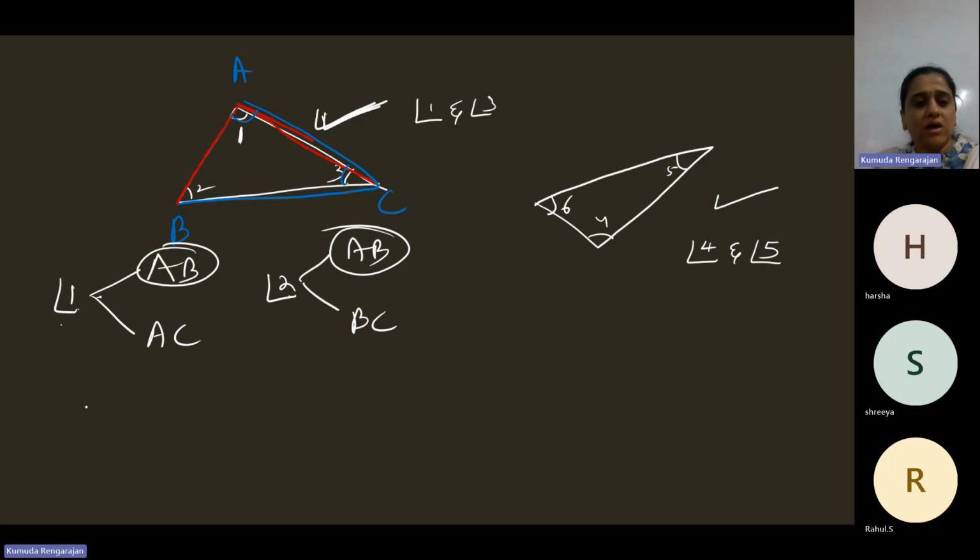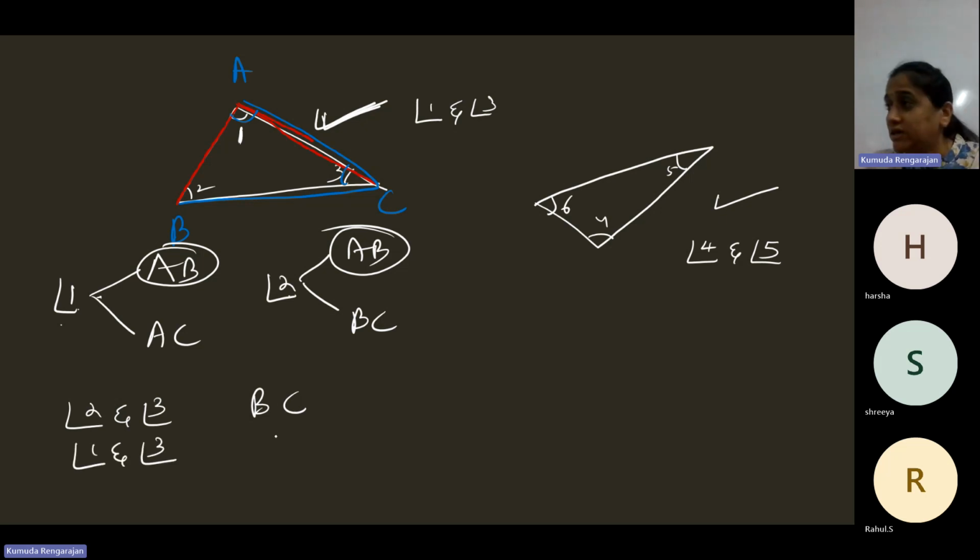So now tell me, which is the included side for angle 2 and angle 3? BC. Which is the included side for angles 1 and 3? AC. Which is the included angle for the sides AB and BC?